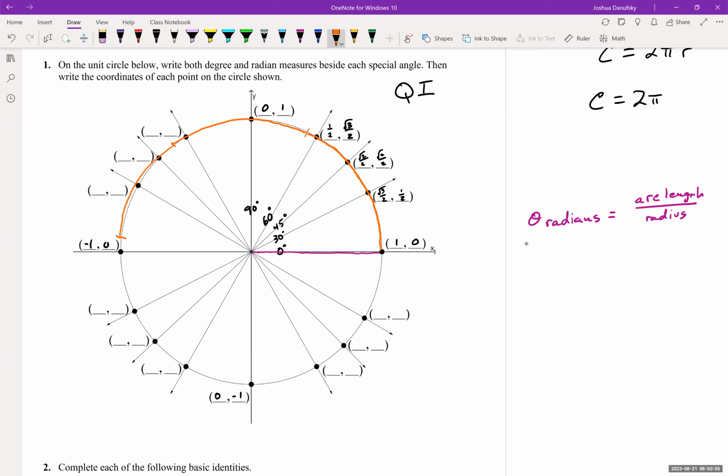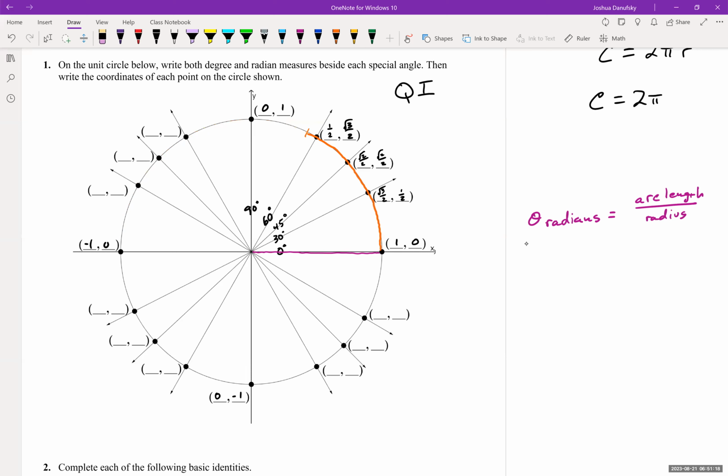It's not exact by any means, but that's the idea, right? We're counting how many lengths of the radius are along the curve there. And then the angle out to here would be 3 radians because there are 3 radii along the curve, okay?